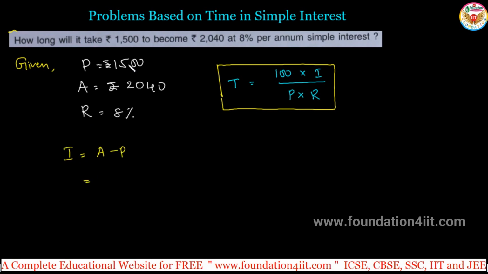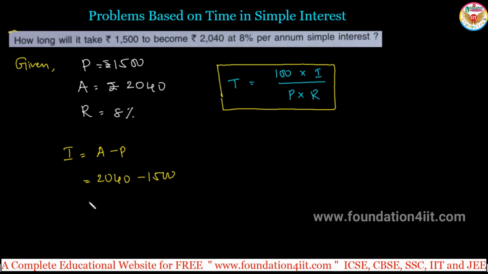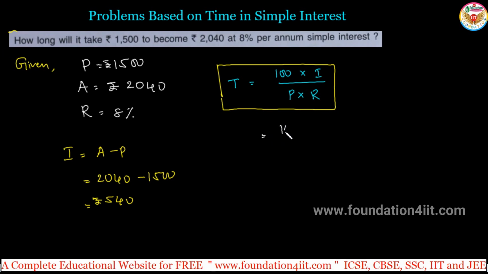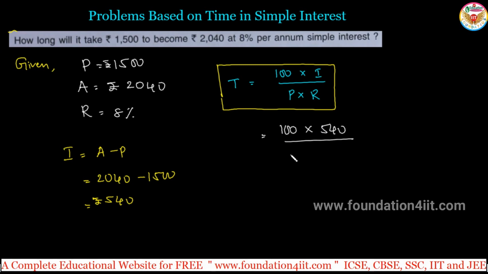Total amount minus principal, if you subtract, you get the interest. So 2040 minus 1500, so I is 540. Interest is 540, you can substitute it: 100 times interest 540 divided by P into R, where P is 1500 and R is 8%.